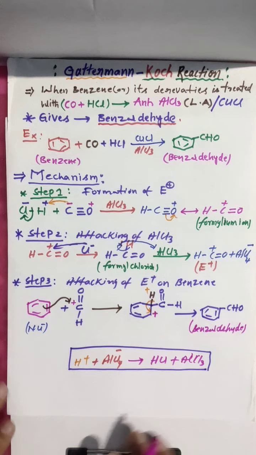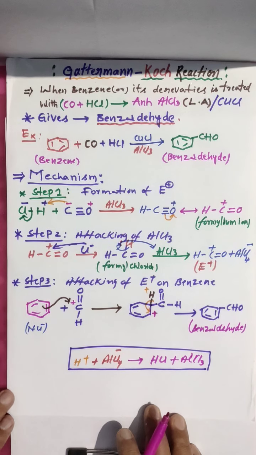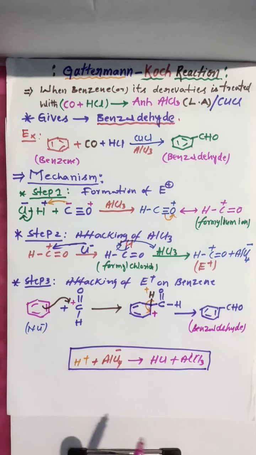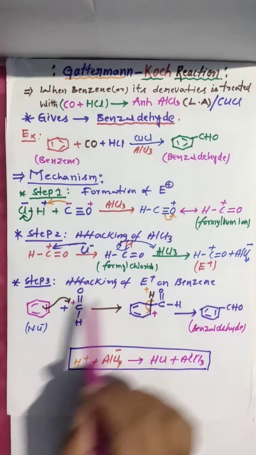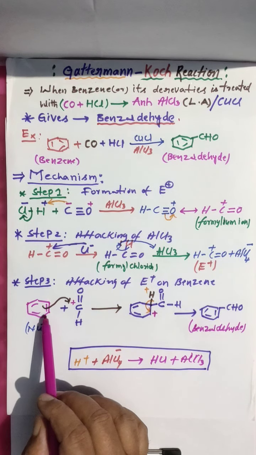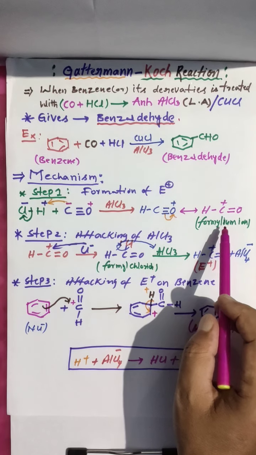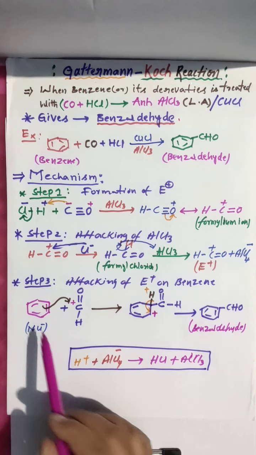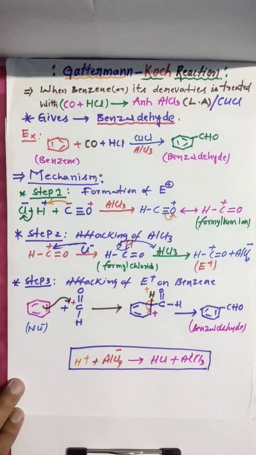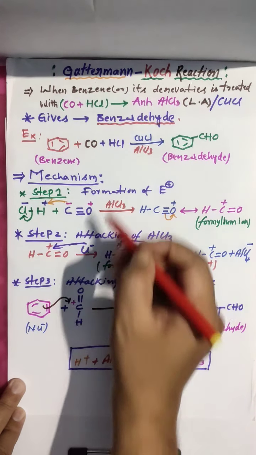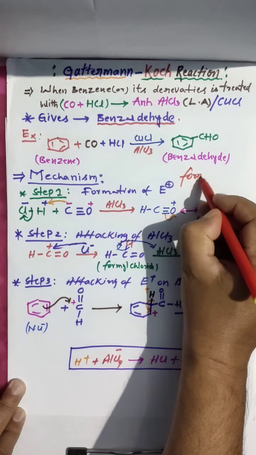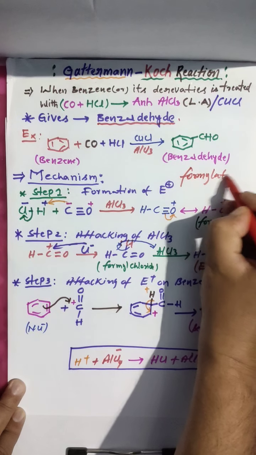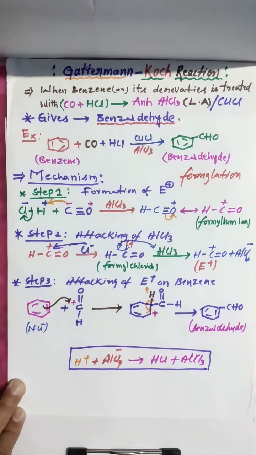Now, why did I say formylation? Formylation means we are adding the formylium ion to the benzene ring. That's why this process is called formylation.